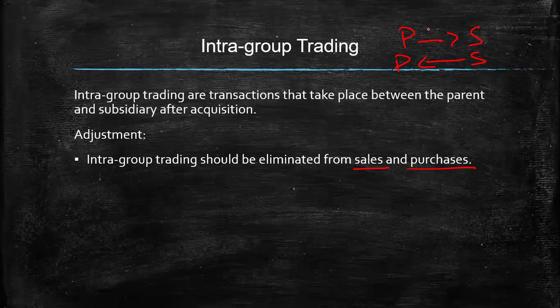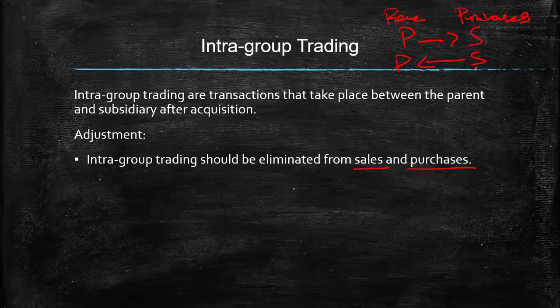Because if parent is selling to subsidiary, right, then the amount of transaction will be included in the revenue amount of the parent. And because subsidiary is purchasing those goods here, it will also be included in the purchases amount of subsidiary. So that is why this amount of transaction between parent and subsidiary has to be subtracted from both revenue and purchases.